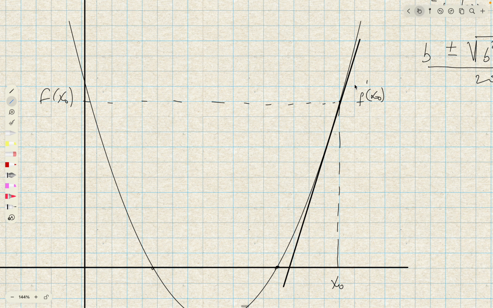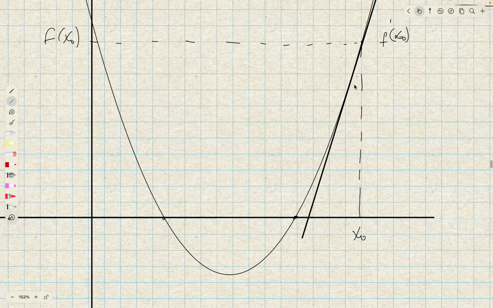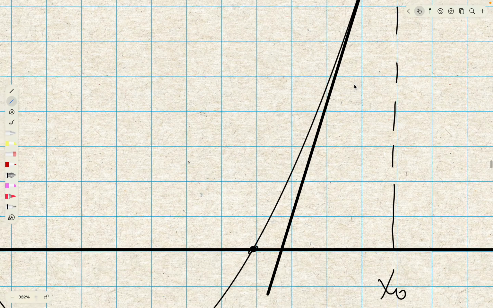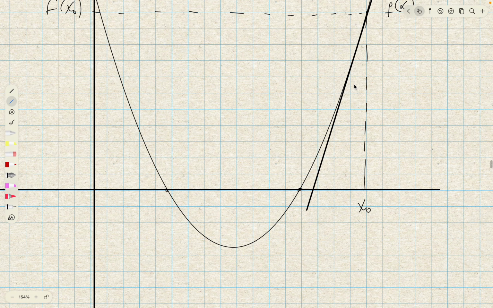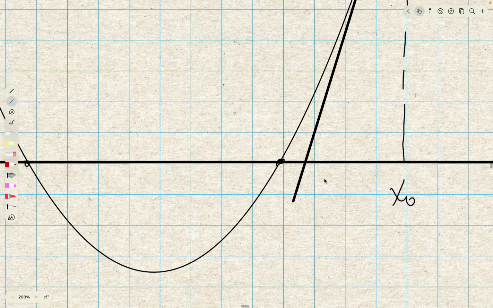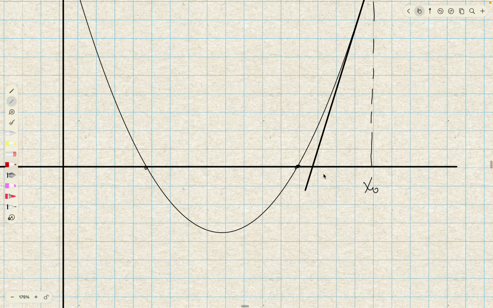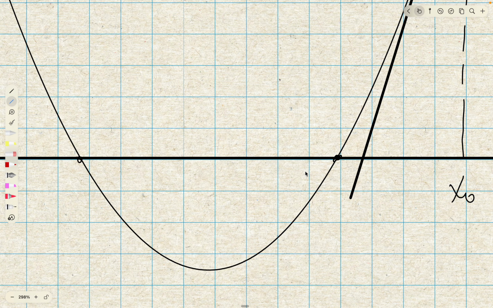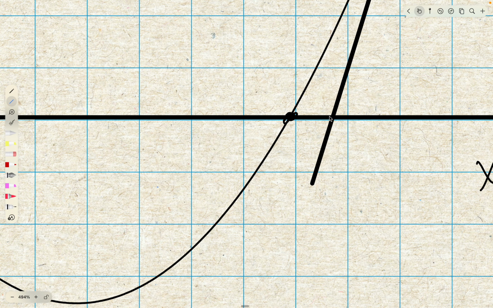And we also know that at some point this line passes a point whose y-coordinate is 0.